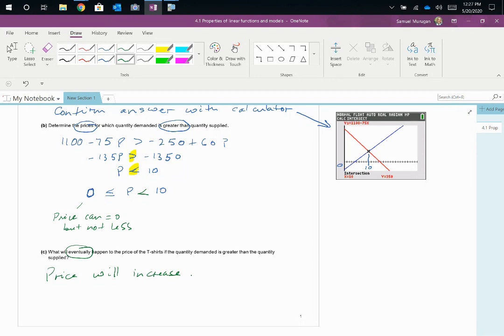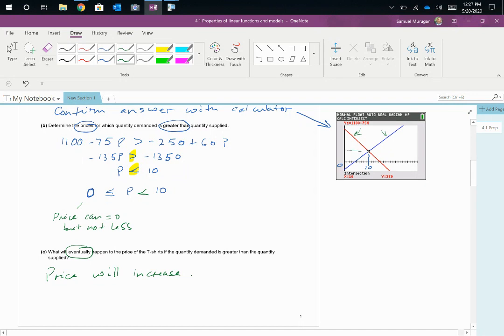Remember, the red line is the demanded, the blue line is the supplied, and the red line is over the blue line between 0 and 10.